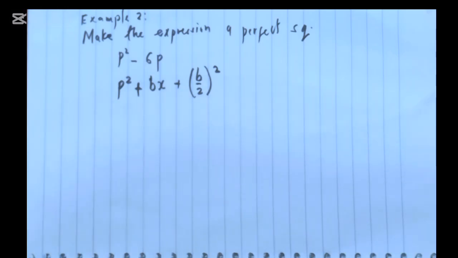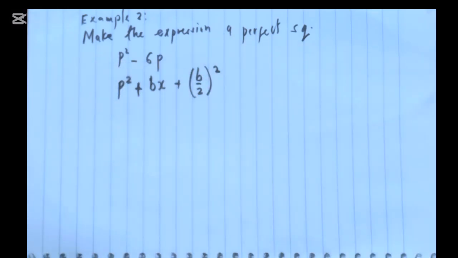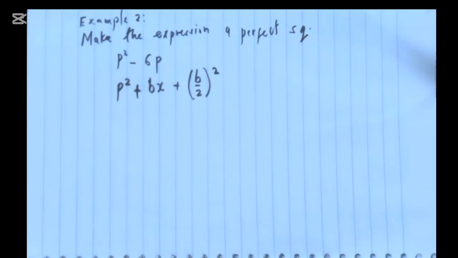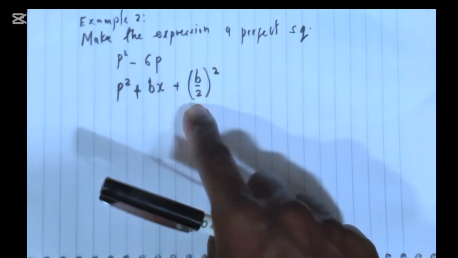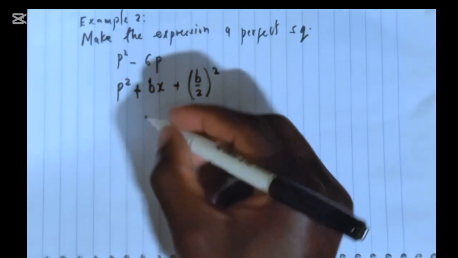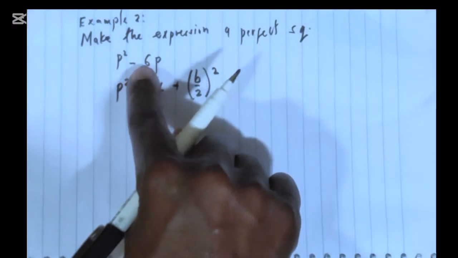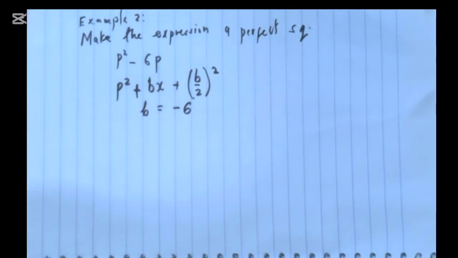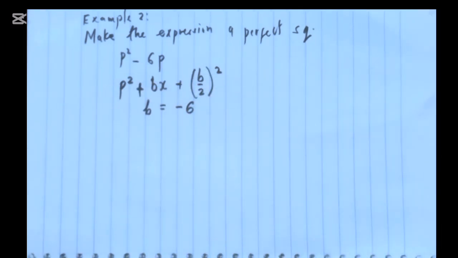So for us to complete this particular expression and write it as a perfect square, we're going to have to find the value of c, which in this case should be b all over 2 squared. And so what is the value of b? In this particular expression, you can see that the value of b is -6. Now we're going to write the whole thing with -6 as the value of b.